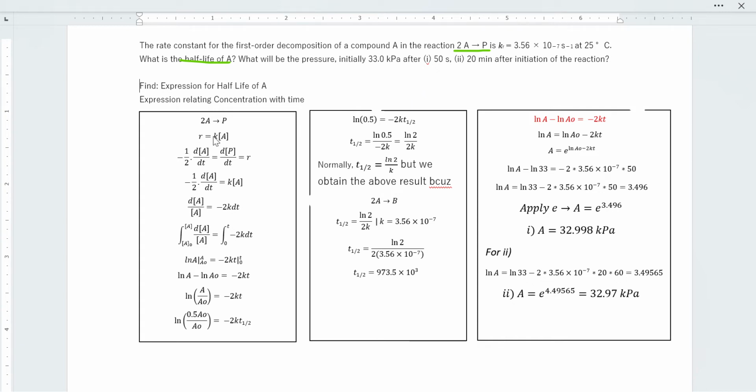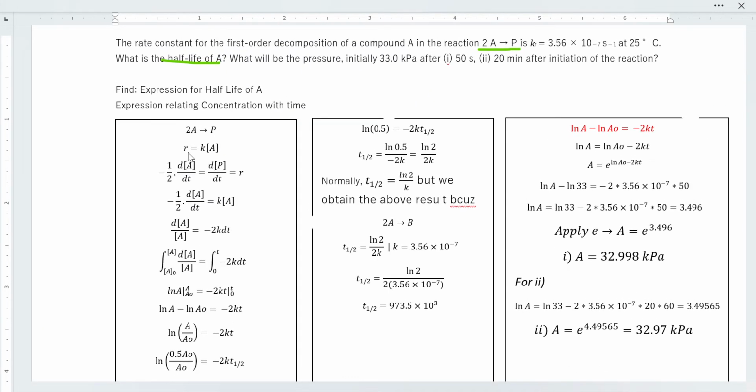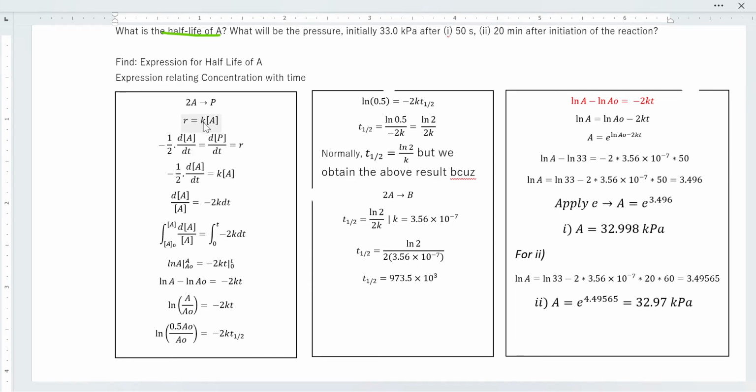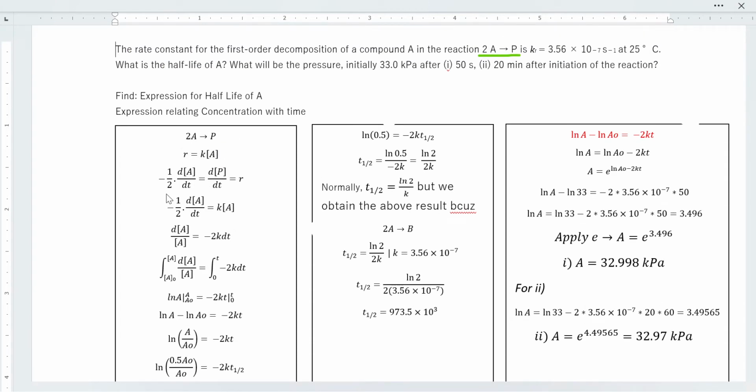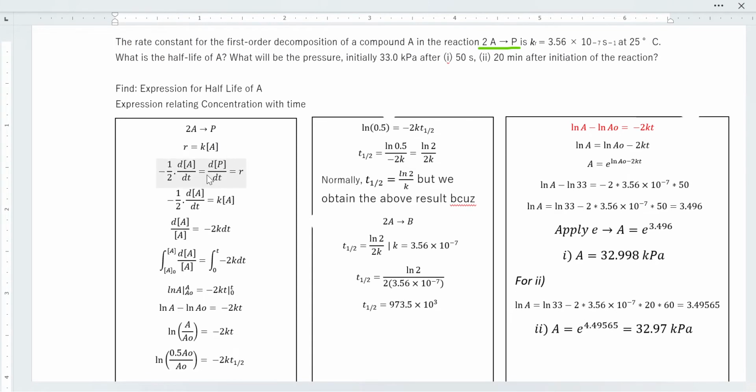So let's get started. Since it's a first order reaction, I can write the rate of reaction R is equal to the rate constant k multiplied by the concentration of A to the power of 1. Now let's write the equation for the rate of reaction in terms of concentration.